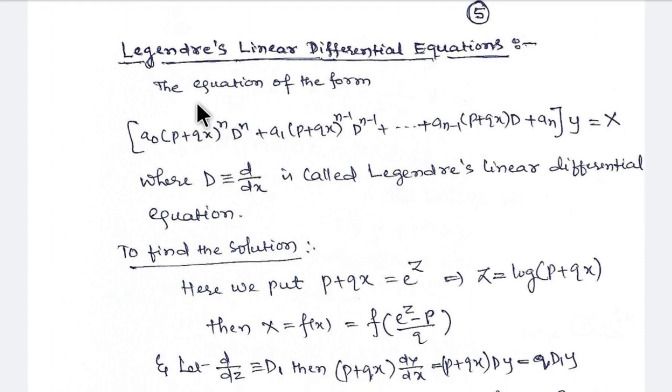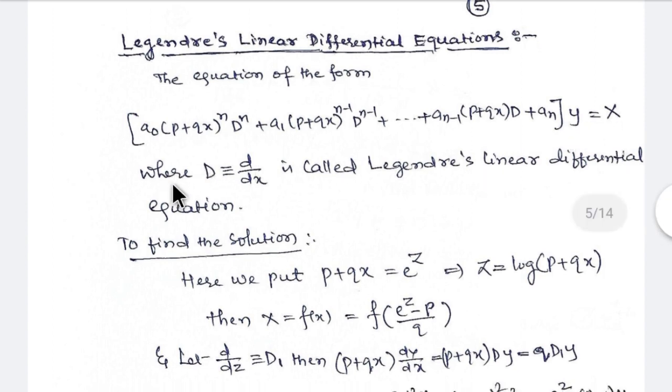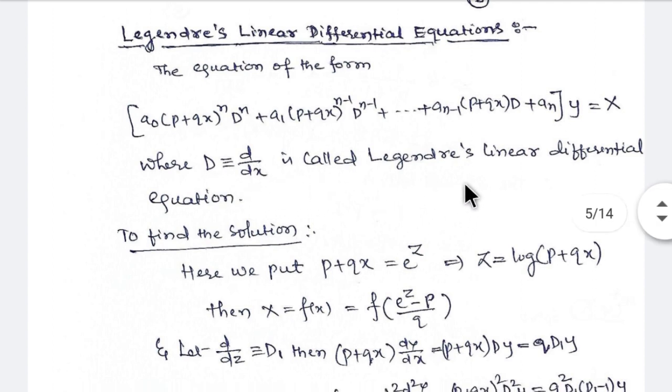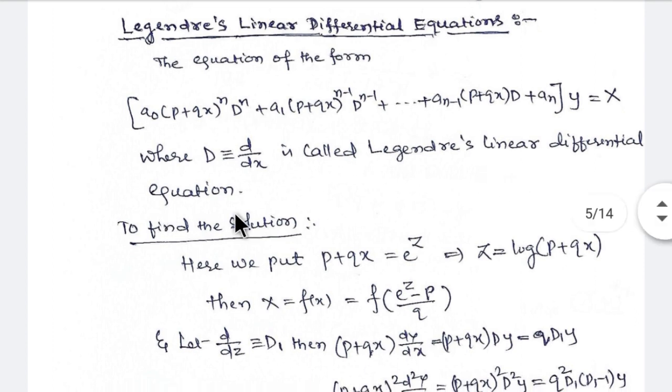Here is the definition: an equation of the form a0 (P + Qx)^n d^n + a1 (P + Qx)^(n-1) d^(n-1) + ... + a(n-1) (P + Qx) d + an, acting on y, equal to X, where d is the d by dx operator, is called a Legendre linear differential equation.